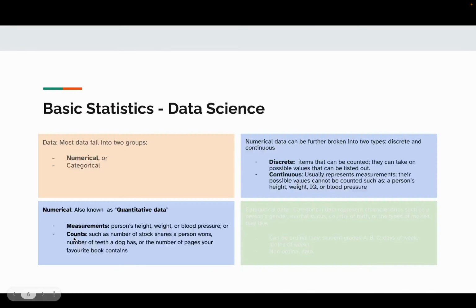Another way to see these two types is continuous data, like the height of a person or weight, and you can say the counts are discrete data. Discrete meaning that it can be counted, right? So these are the examples of numerical data or quantitative data.